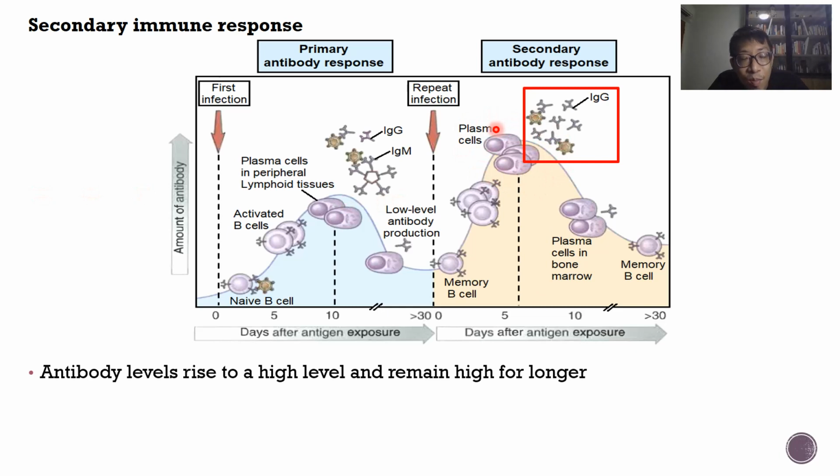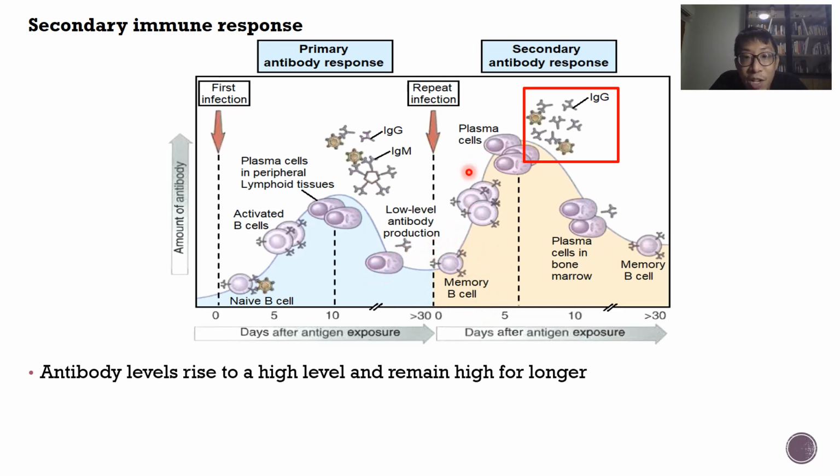Even though this graph only shows one, there are more memory B cells that would be able to recognize the same antigen, because at the end of the primary immune response, there will not be just one memory B cell. There will be a pool of them.